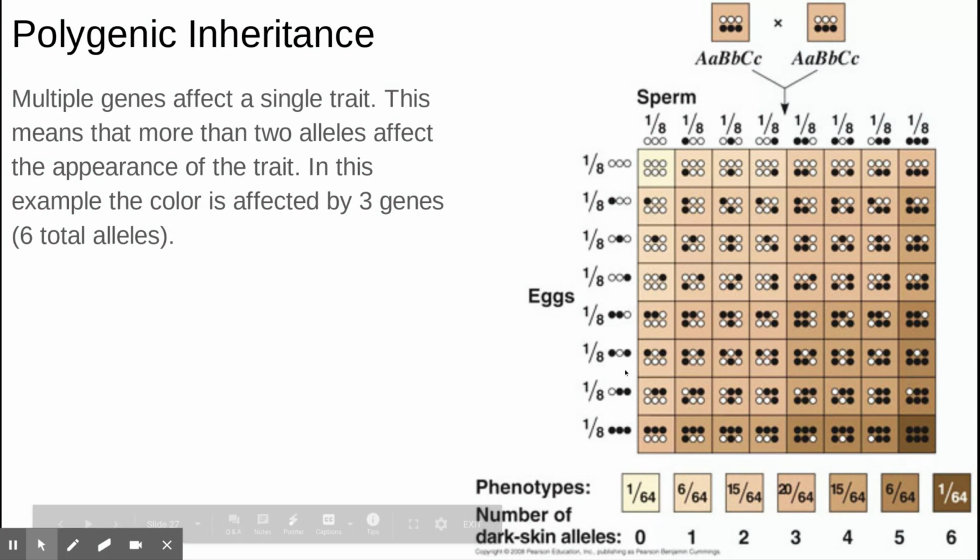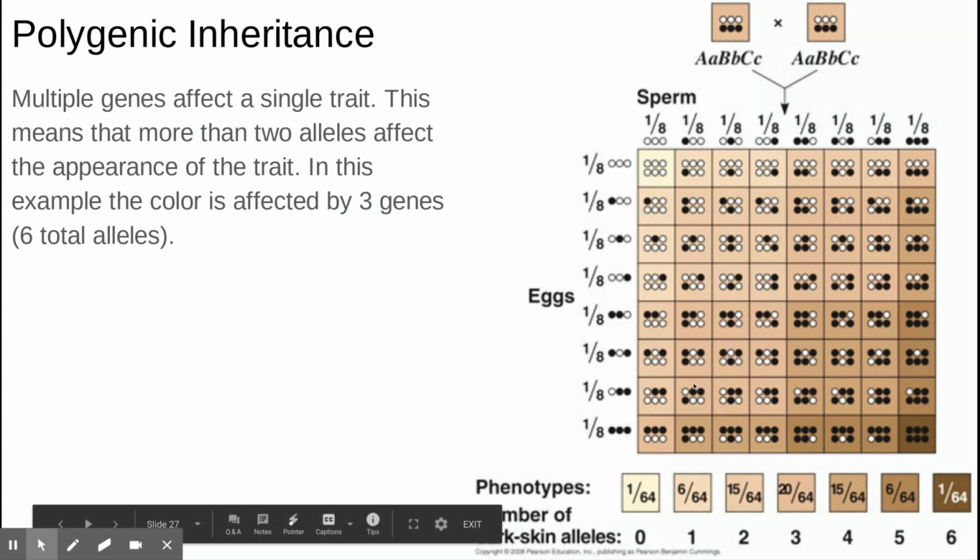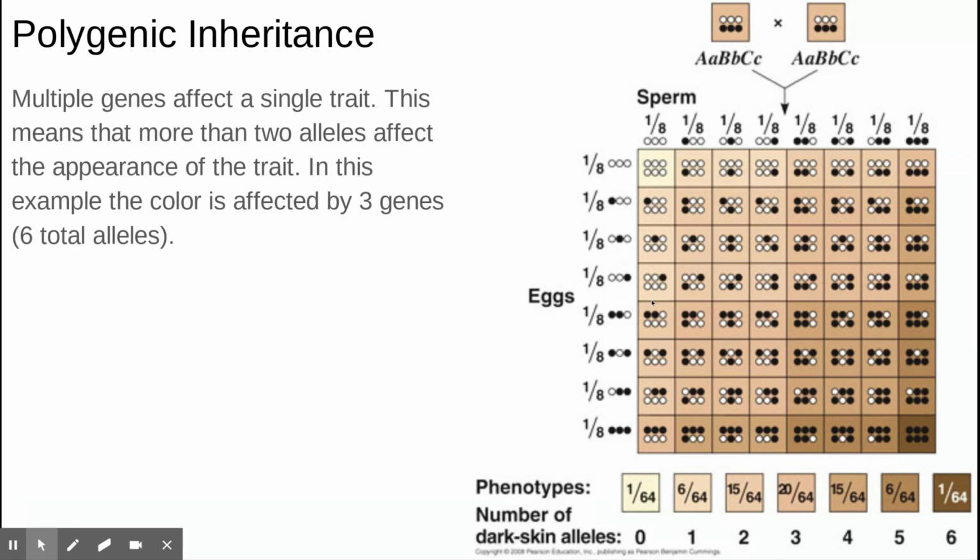So the vast majority of possible outcomes are somewhere in between, some combination of light and dark. And this is why most people on Earth are not the darkest of dark complected skin or the lightest of light complected skin.